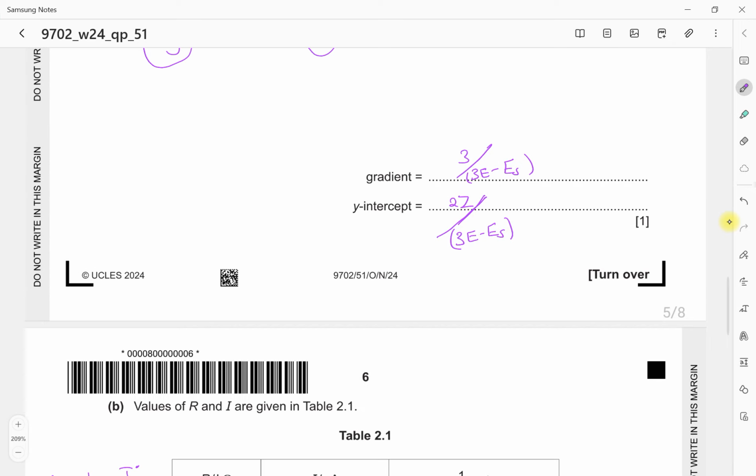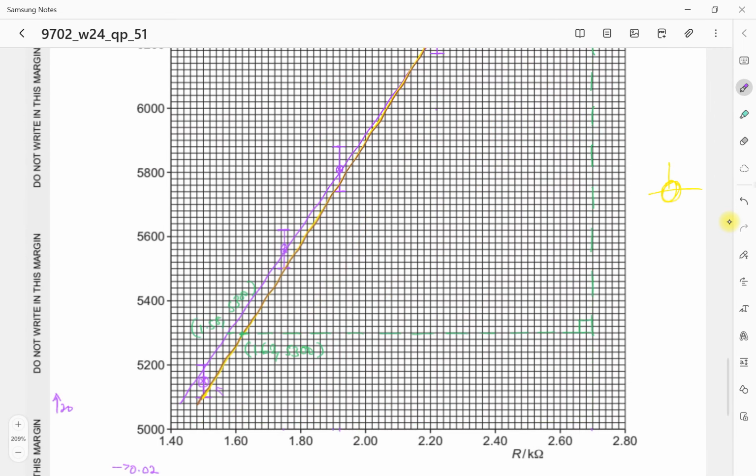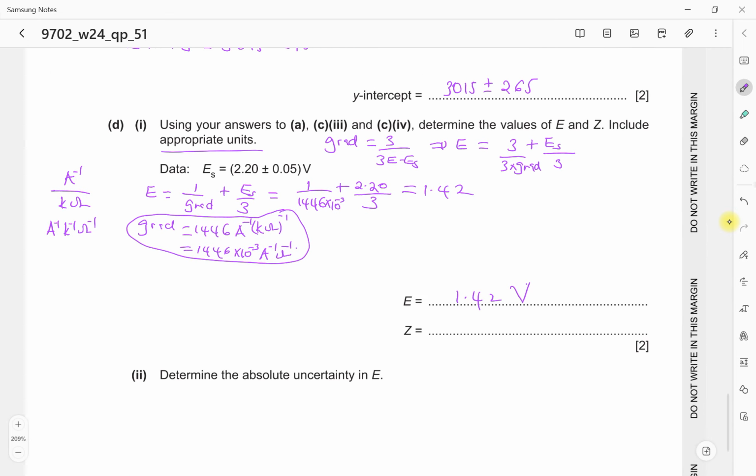Twice Z over 3E minus ES is the y-intercept, which means Z is going to be equal to a half into 3E minus ES times the y-intercept.